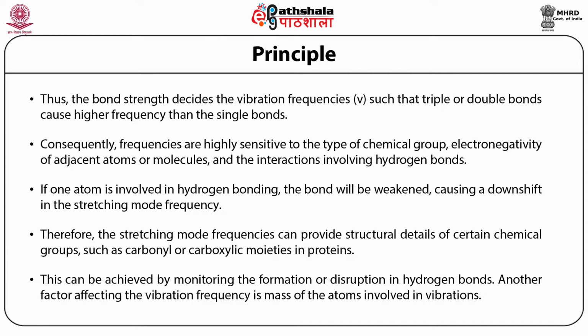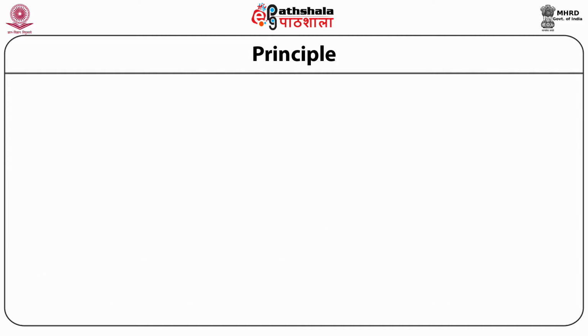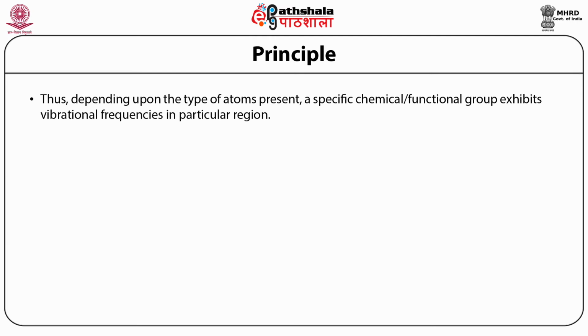Another factor affecting the vibration frequency is the mass of the atoms involved in vibrations. Consequently, the vibration frequency can also be altered by isotope labeling of the atoms involved. Thus, depending upon the type of atoms present, a specific chemical or functional group exhibits vibrational frequencies in a particular region.